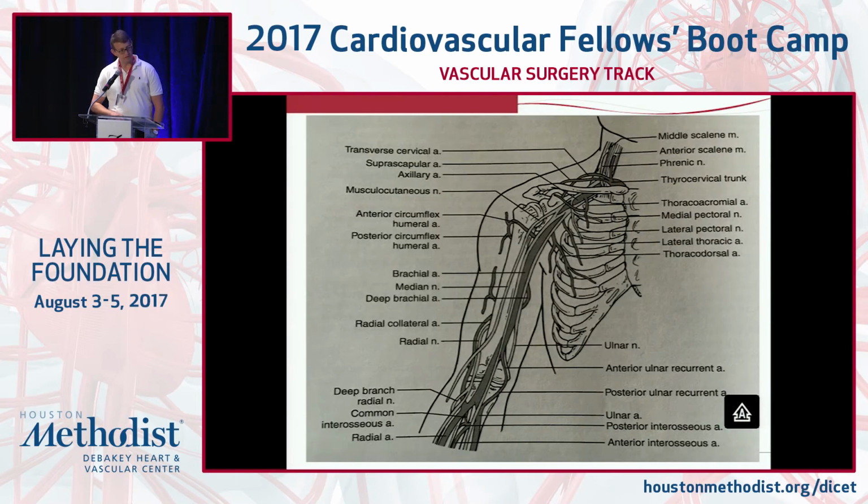So maybe this shows the collateral supply of the arm, and what I've been very impressed with is that what many people don't realize is that the deep brachial artery can be a very big artery.